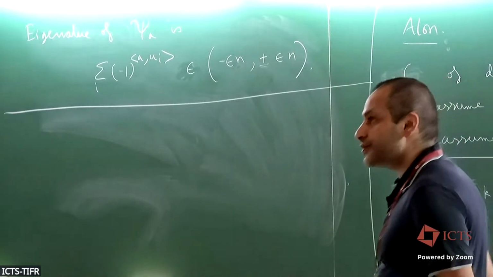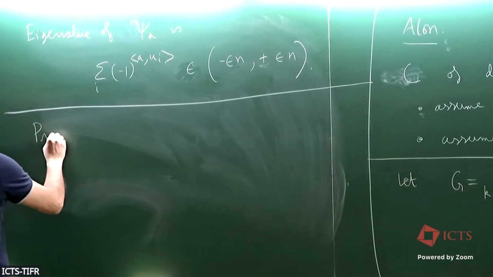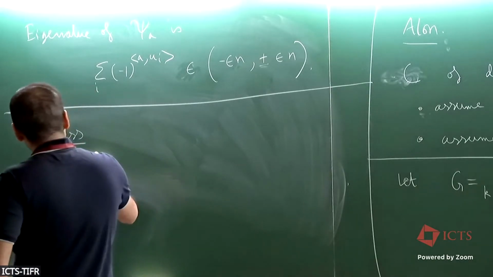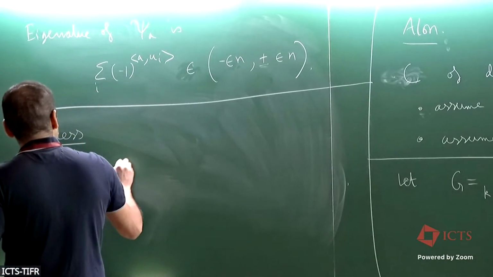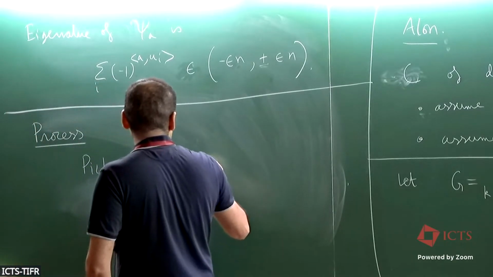So we're going to do the following process. Pick x0, a vertex in F2 to the k, uniformly at random.